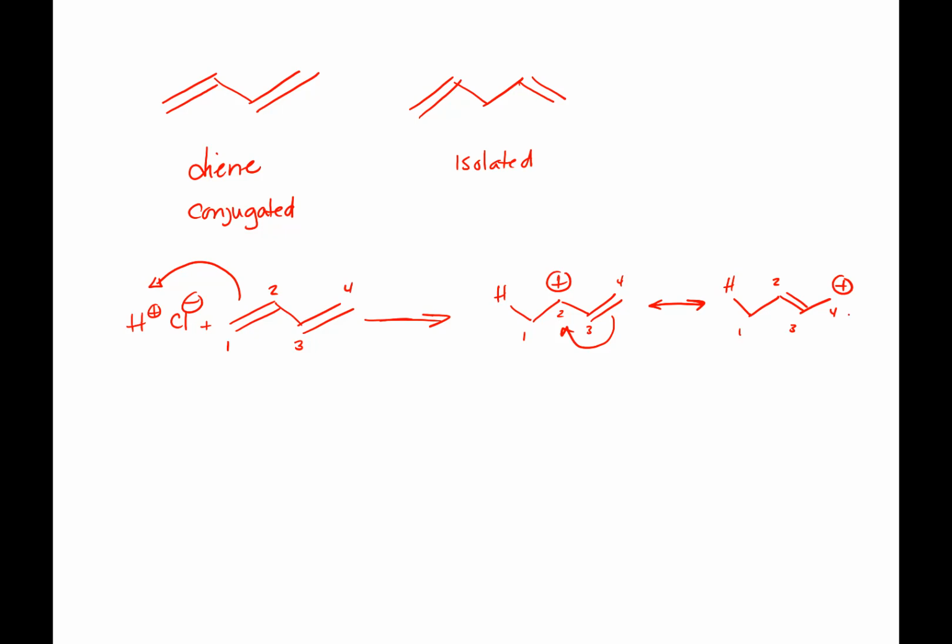And so there's my second resonance structure. Now I'm going to take my Cl and I'm going to add my Cl to carbon 2. And I'm going to add my Cl to carbon 4.